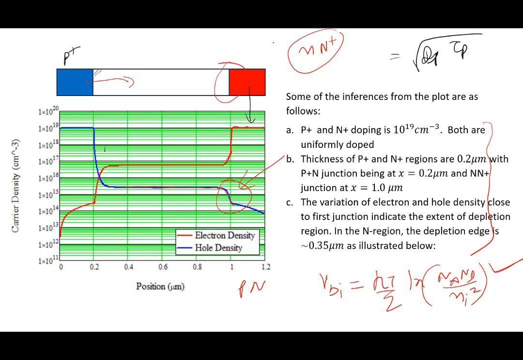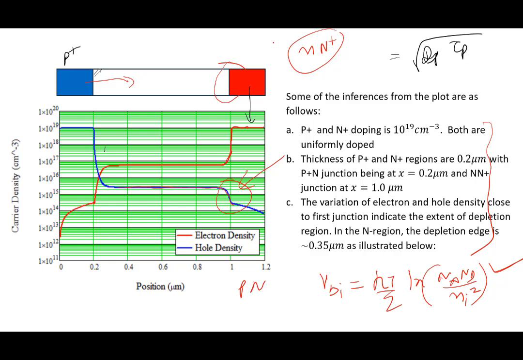What happens at an N plus junction? You can think of N plus like a metal maybe, but metal-semiconductor junctions usually have a depletion region associated. Accumulation you could also get, depending on whether it's a Schottky type.